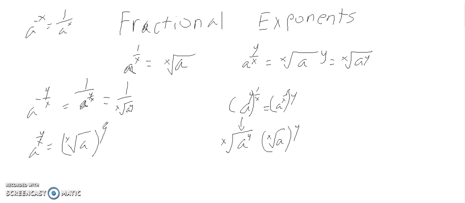So that's x root of a times the x root of a, dot dot dot, x root of a. And there are y of them, so I'll write the numbers, I guess. 1, 2, y. So there are y of these. If y were 5, this would be 1, 2, dot dot dot 5.